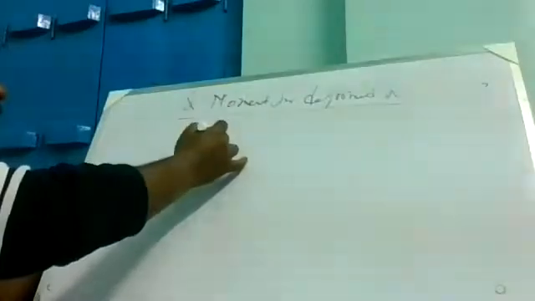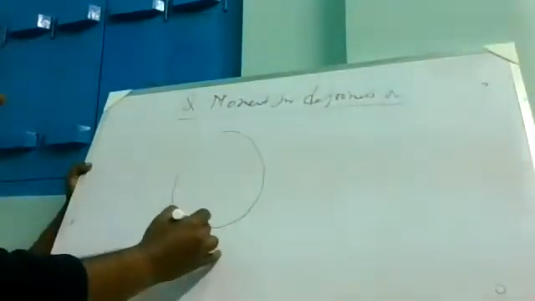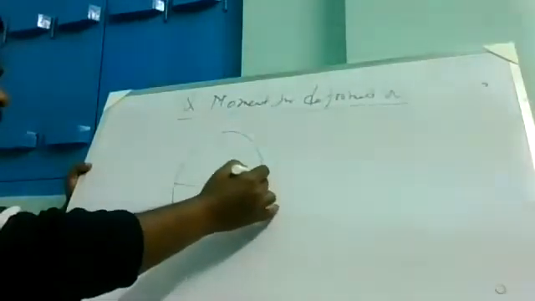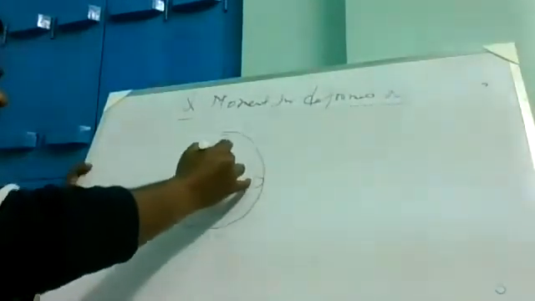Say for this spheroid of this type, it is elongated along this axis.